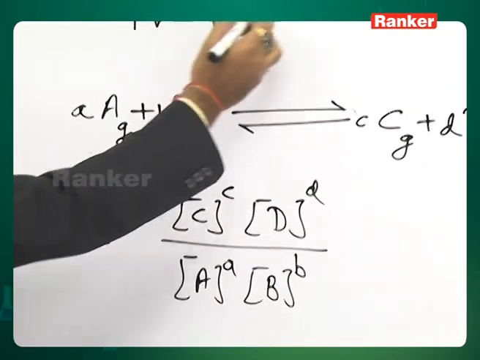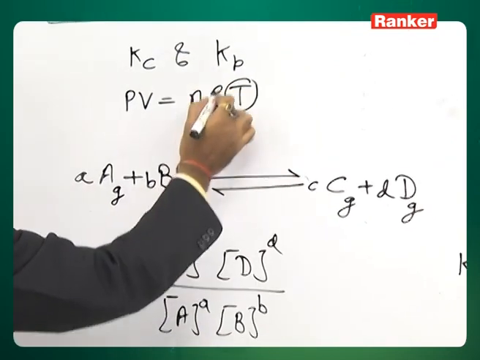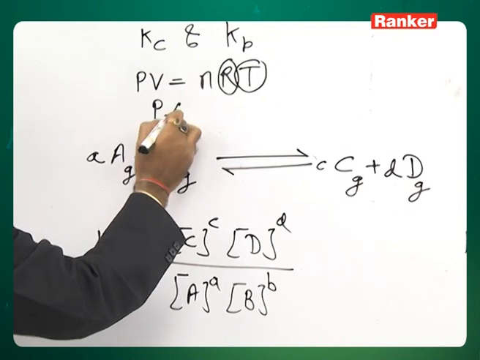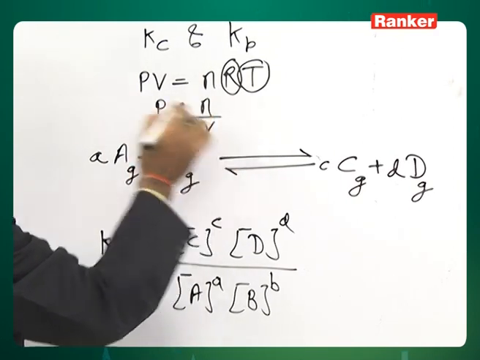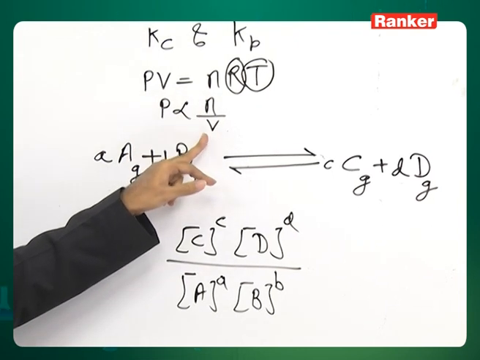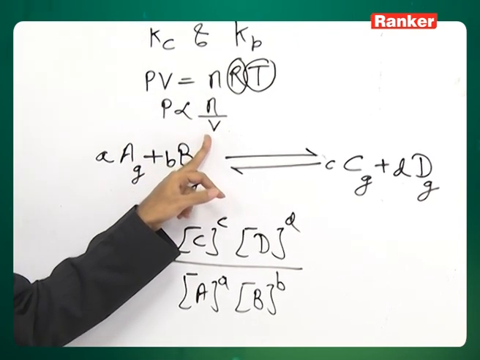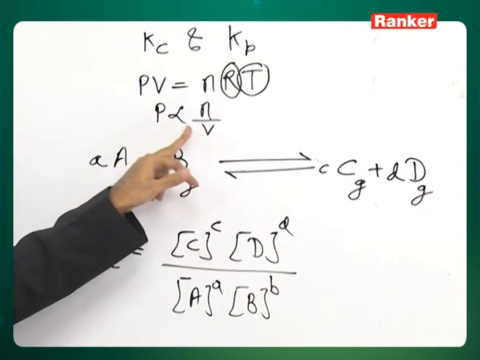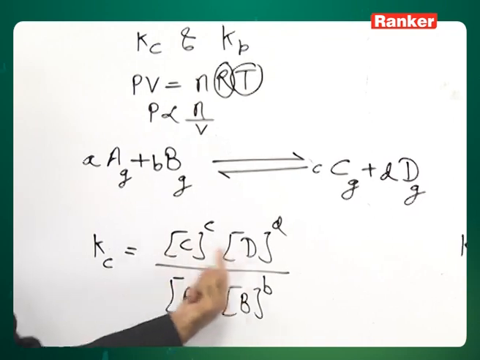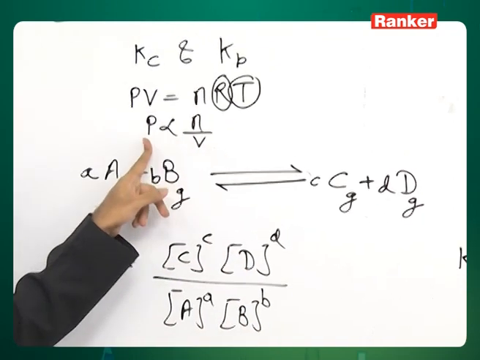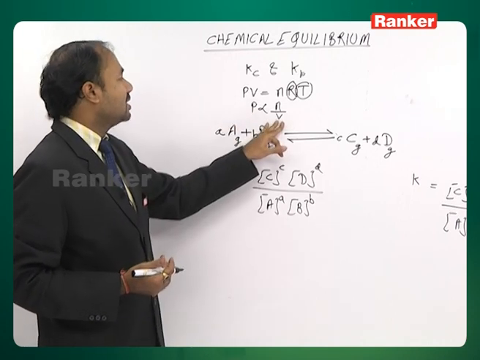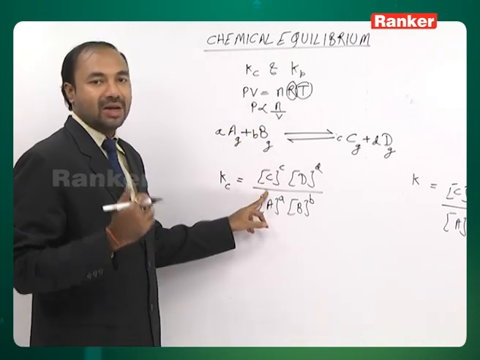We can say here that if temperature is constant, and R is the universal gas constant, we get P proportional to n by V. Now, n by V is nothing but number of moles by volume of container. So this becomes concentration of the gas, which becomes proportional to partial pressure of the gas. So concentration of the gas will be proportional to partial pressure of the gas. We substitute it here, meaning concentrations we are writing in terms of partial pressures.